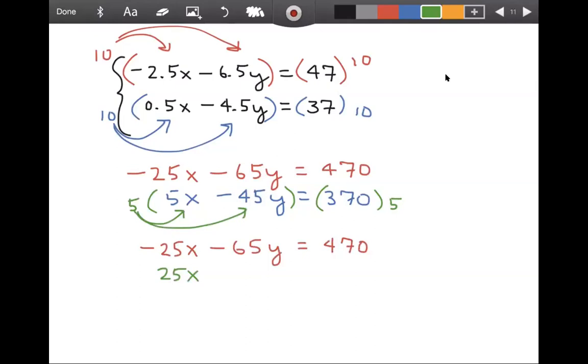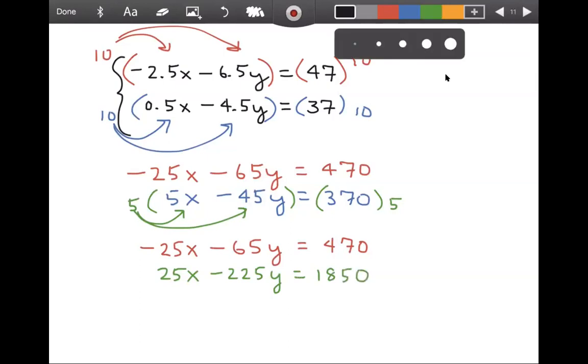I don't want to make a mistake, so I'm going to double check. Yes. So that'll be minus 225y. And then 370 times 5 is 1,850.